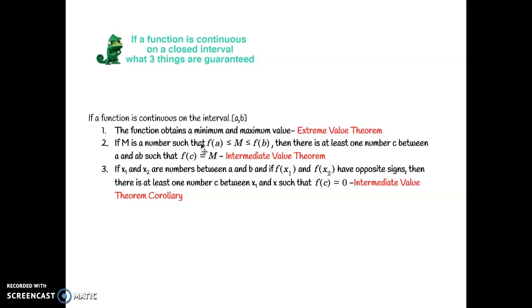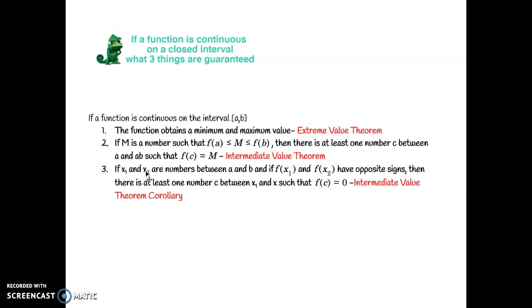If m is a number such that f of a is less than or equal to m, and m is less than or equal to f of b, then there is at least one number c between a and b such that f of c is equal to m. This is called the intermediate value theorem.